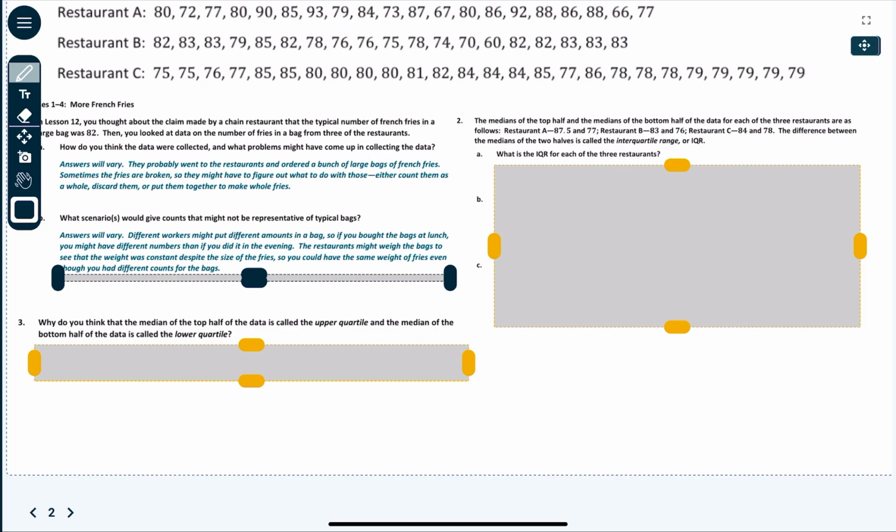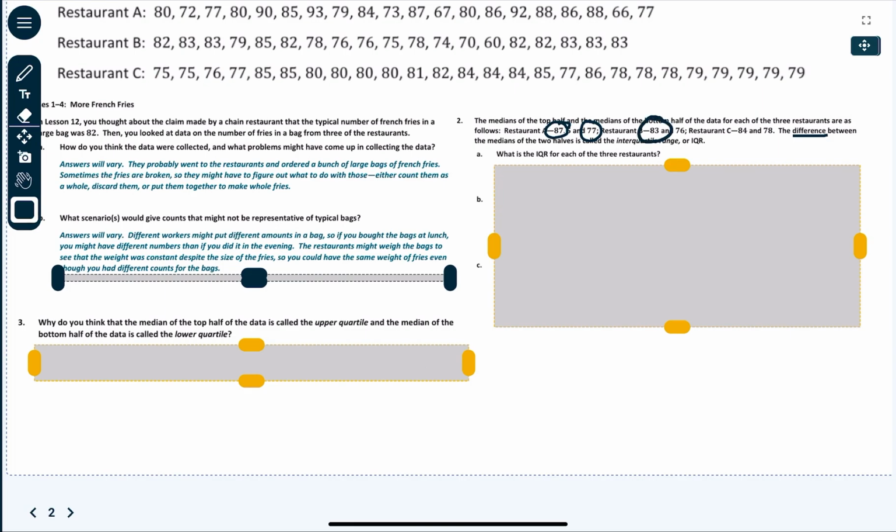The difference between the medians of the 2 halves is called the interquartile range. So let's talk about that. What do we talk about in math when we refer to difference? We're talking about subtracting something, right? So it's between the medians of the 2 halves. We would take this median and subtract this median from it.